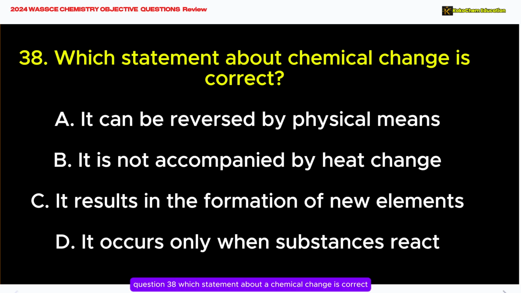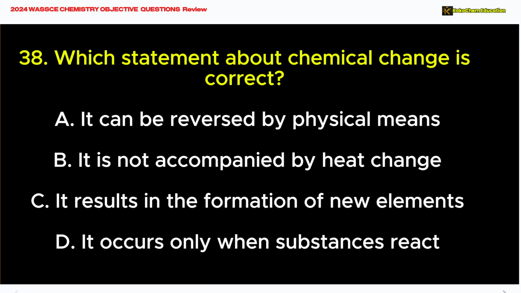Question 38. Which statement about a chemical change is correct? A. It can be reversed by a physical means. B. It is not accompanied by heat change. C. It results in the formation of new elements.